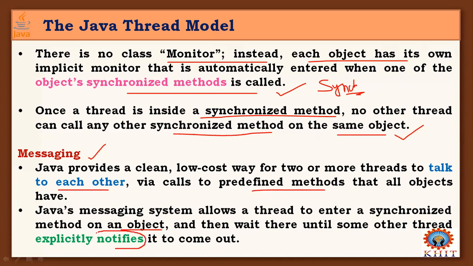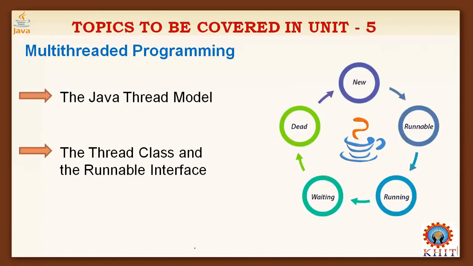So methods like notify and notifyAll are defined to make a proper messaging system among the threads, and they are used for inter-thread communication among the threads executing on a computer.